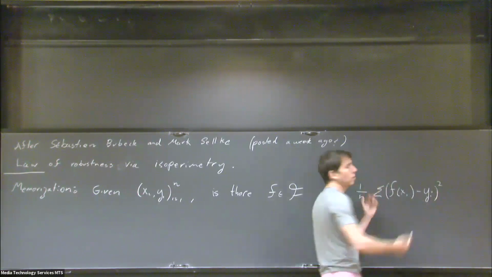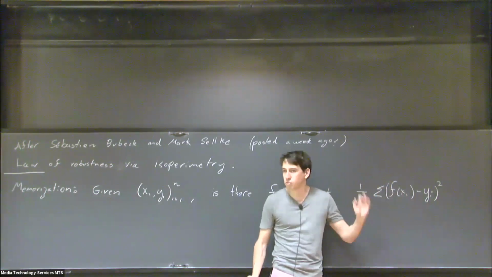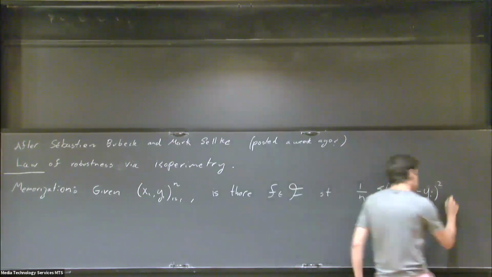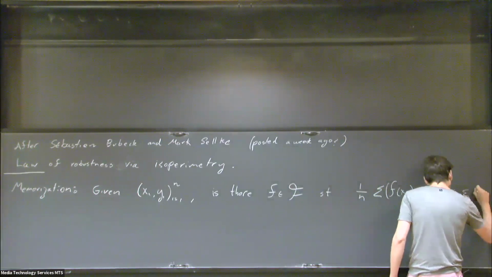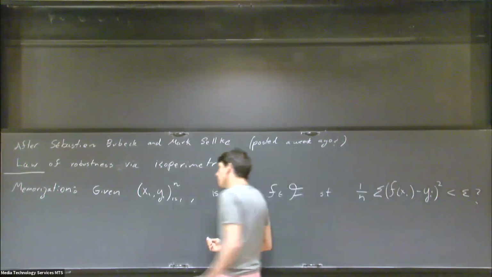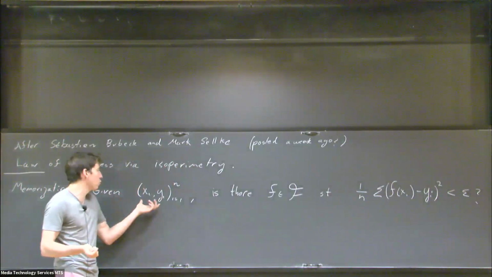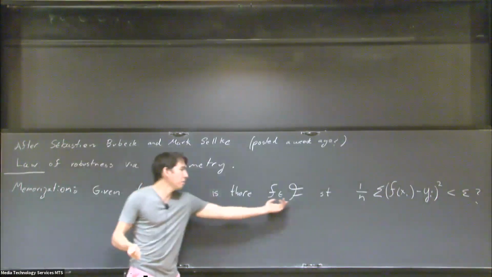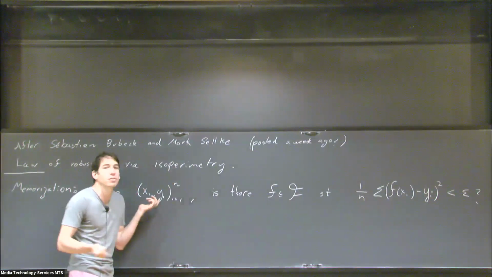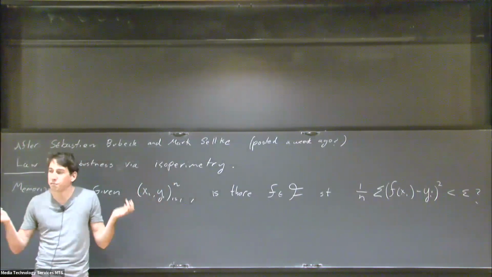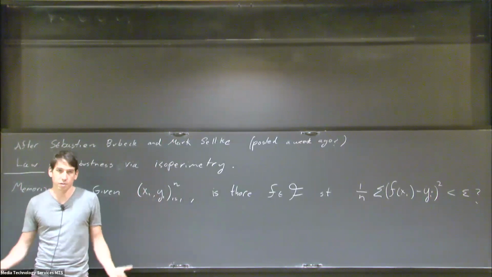There could be any loss function, but in this talk, let's just talk about square loss. So we could just ask, for a given family of functions, for which data sets can we fit the data with our family?